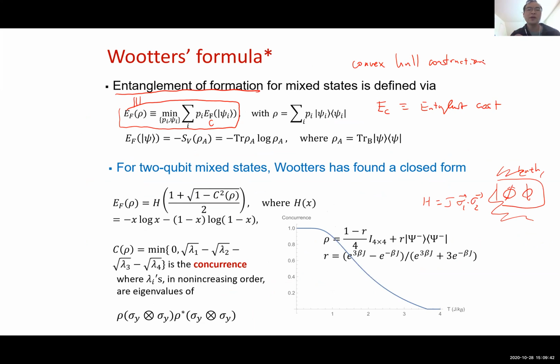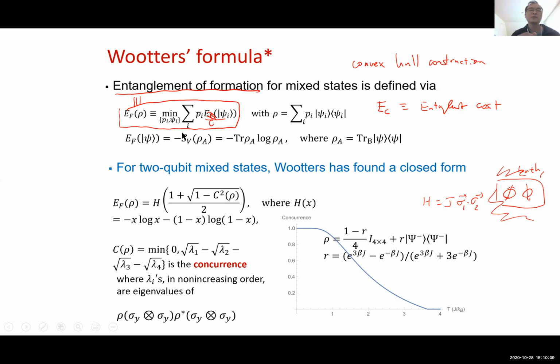So if you have a quantity that is defined for pure states, in order to extend to mixed states, what you do is you decompose into a mixture of pure states. And since you have a definition on the pure state, you can use that definition. So this should be EC, because we have not defined EF yet.